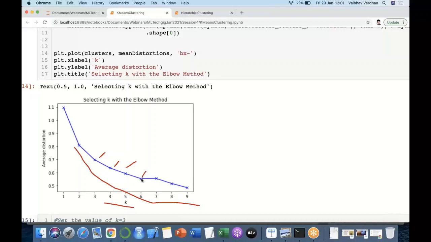What should I do? There are some practical applications you can do over there. First of all, you test with different values, which we will do. You will also look at the ease of maintaining the clusters. What do I mean by that?